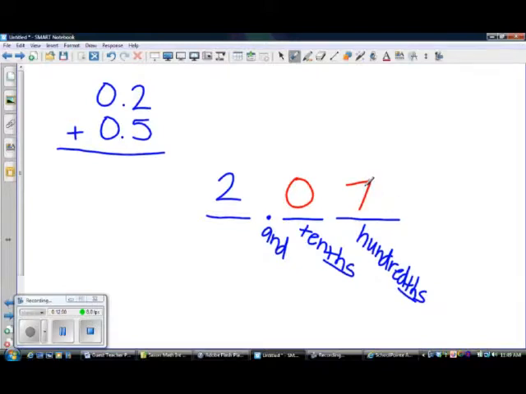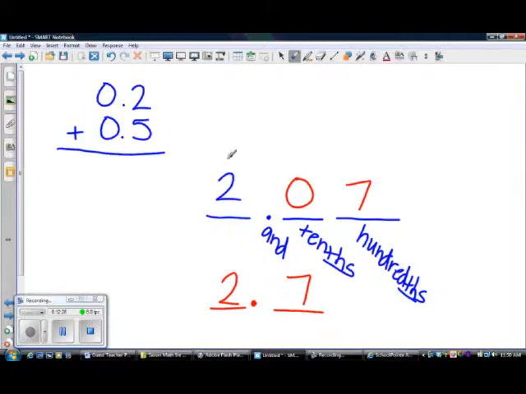And you would automatically know that there was a 0 in the tenths spot if you don't say anything. Okay? Let's look at something else. Let's compare now. What if we had this number? We would read it 2 and 7/10.